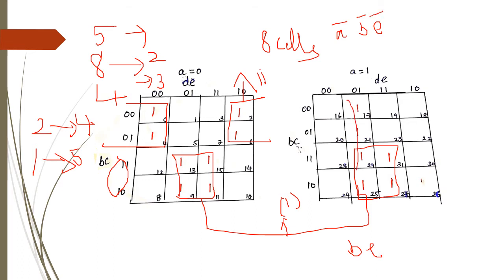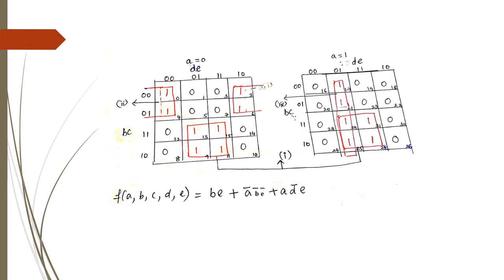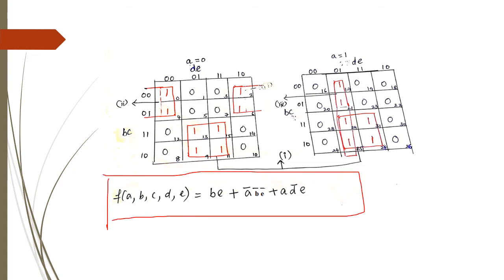Similarly, I can group this cell. The expression corresponding to this is A equal to 1, so it will be A, D bar E. This is how you are supposed to do the grouping, and I have done the grouping in the same way. What I showed in the previous slide is the same here, and this is the final expression I'm going to get.